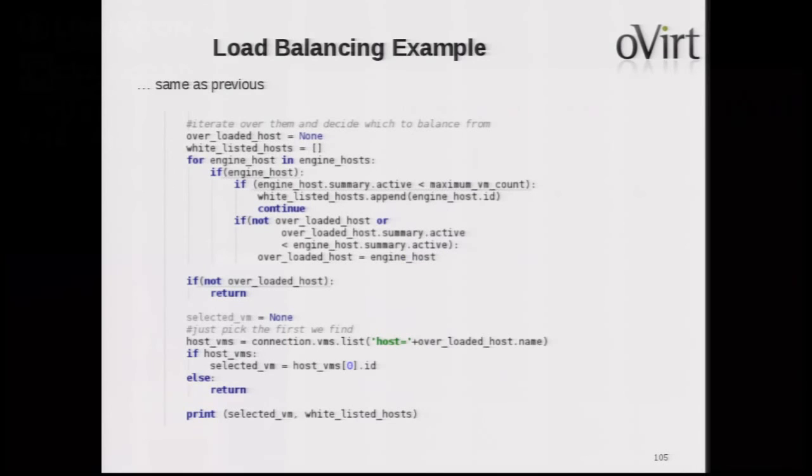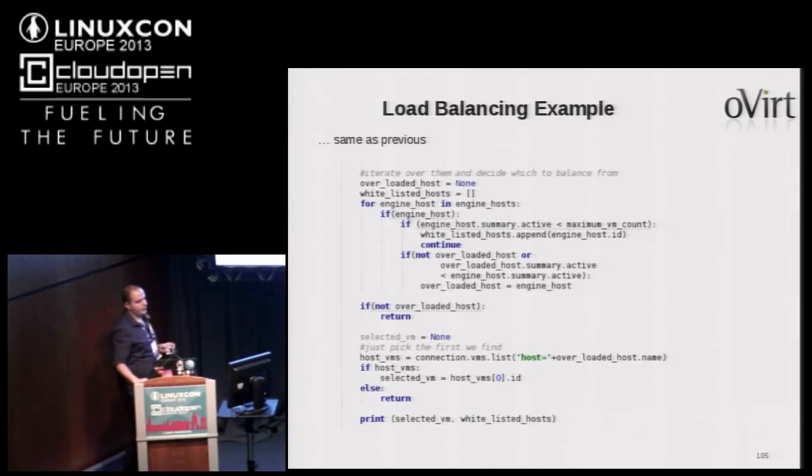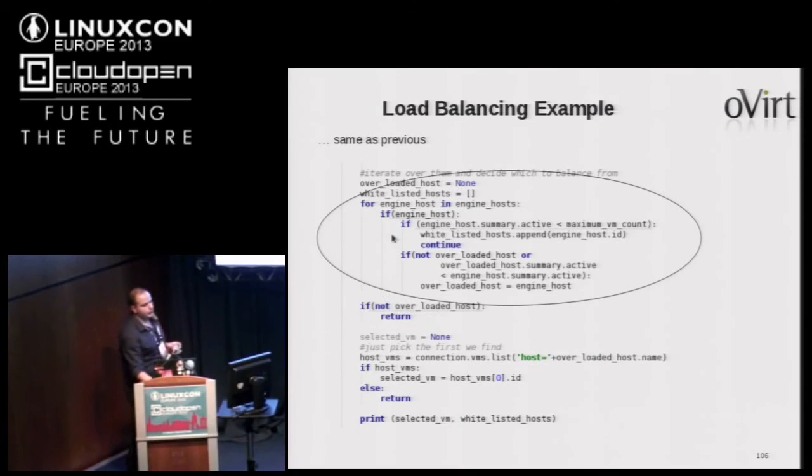What we basically do in the load balancer is run on all the hosts, and we check if the number of active VMs on the host is smaller than the maximum. If that's the case, then the host is in the whitelist. If that's not the case, then perhaps we have here an overloaded host. So we save that host for later on.